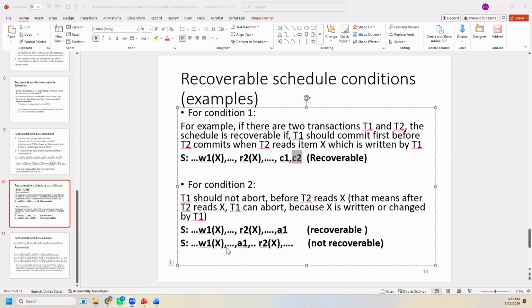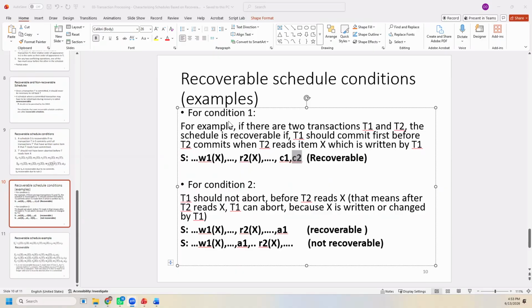So this X is modified by T1, then T1 itself aborted, then T2 is reading values which are aborted. So this is not allowed in this condition 2, right? So that is condition 2. So I think this is not recoverable.